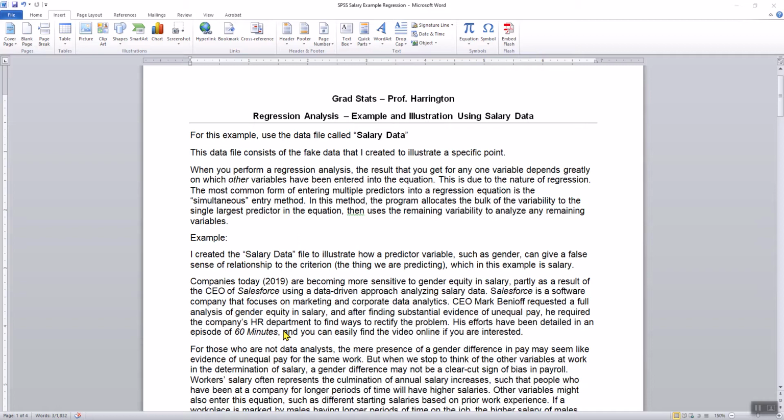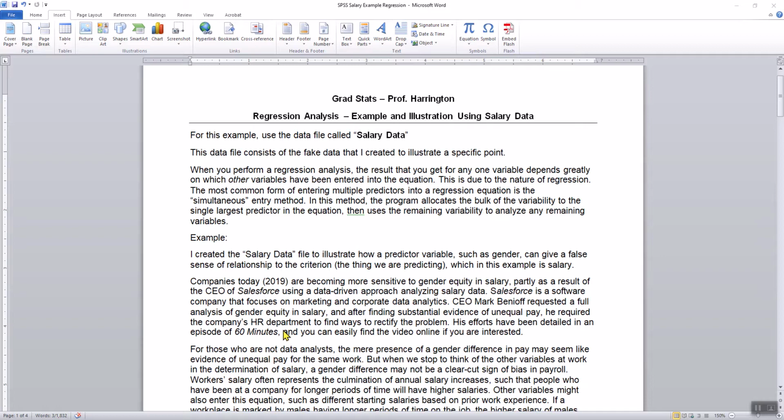And so they crunched the numbers, and it was kind of shocking in Benioff's description of it. It was kind of shocking that actually they had pay inequity, gender-based pay inequity, in every division across the entire company. And it's a very large company.